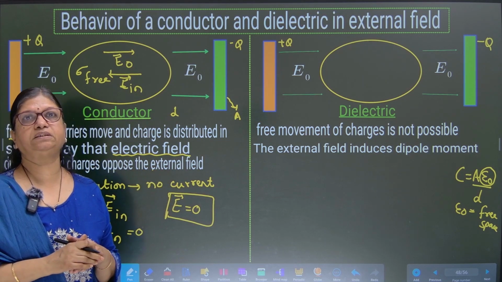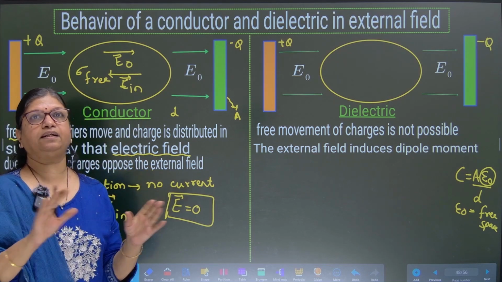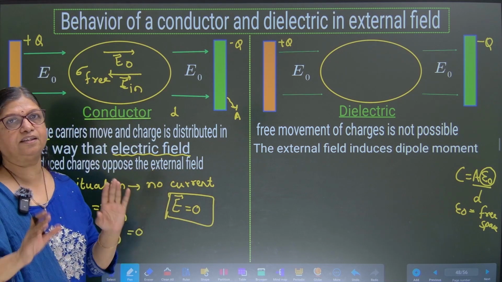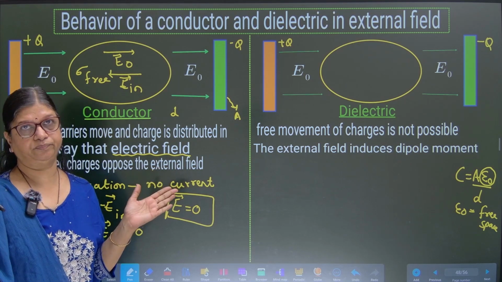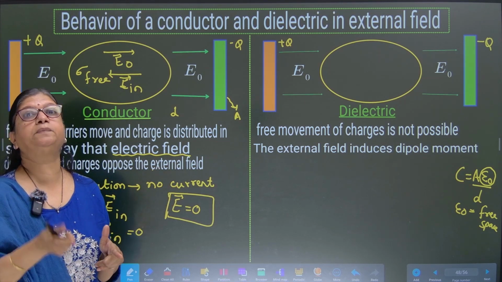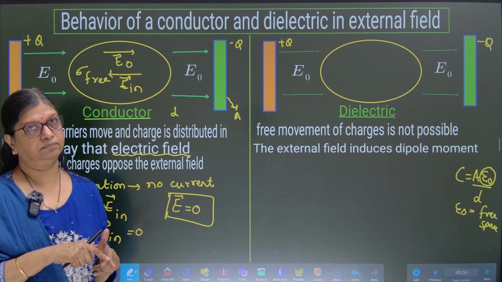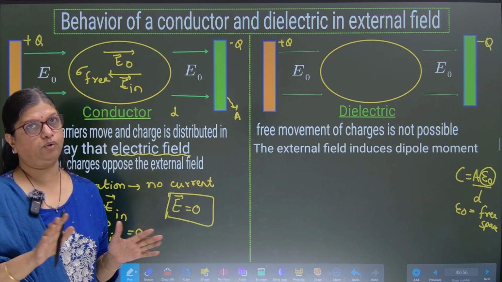Their electric field is there. But at the portion where the conductor is placed, the electric field inside the conductor will be 0, because of the electric field produced by the induced charges, that is the free electrons.